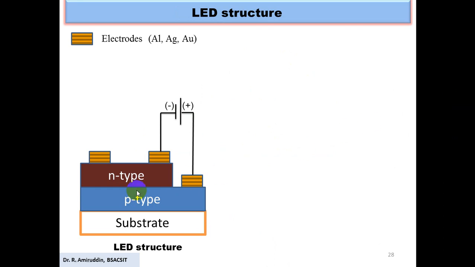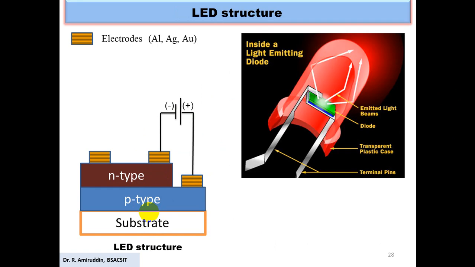So we have a p-n junction or the LED structure, and this typical structure is what you can see in any LED device. We have the same p-type and n-type semiconductors stacked here, and we have a positive terminal and a negative terminal of the power supply.